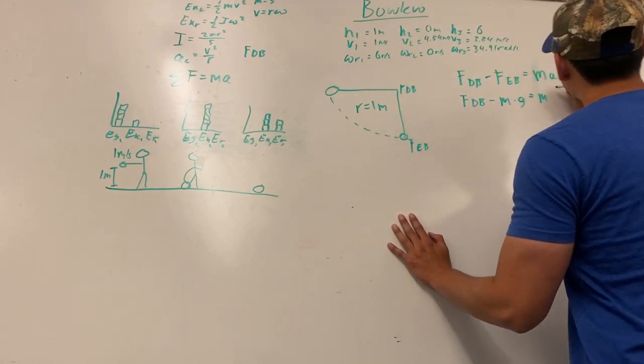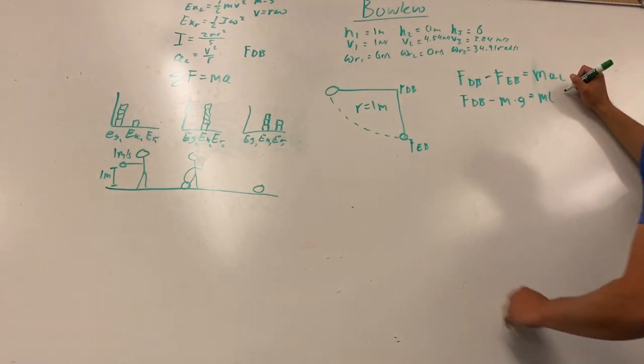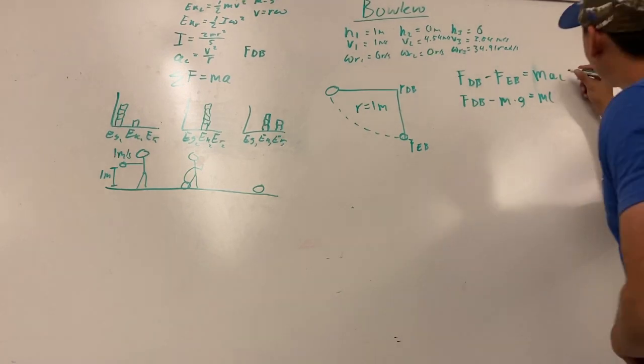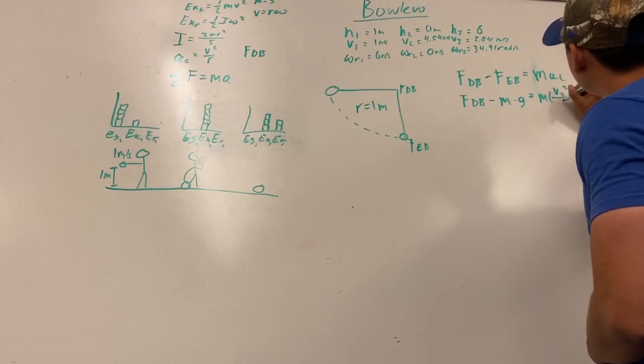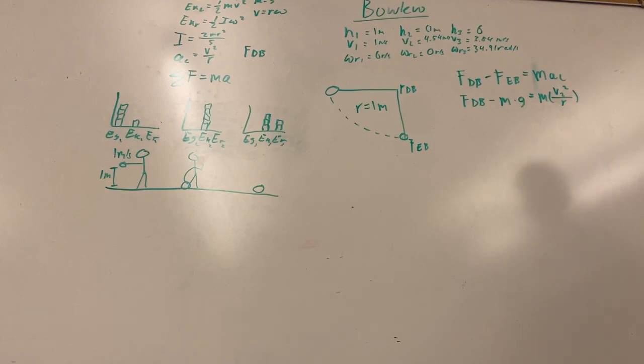Mass times, which we got, V squared over R. We could do some simplifying here, but it looks easy enough to just plug in.